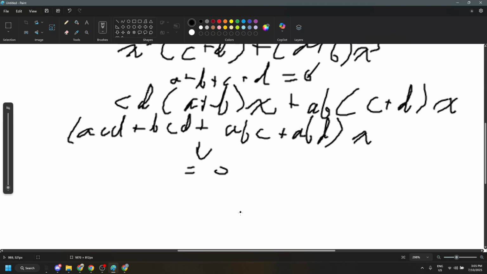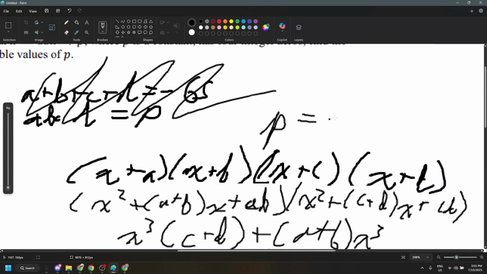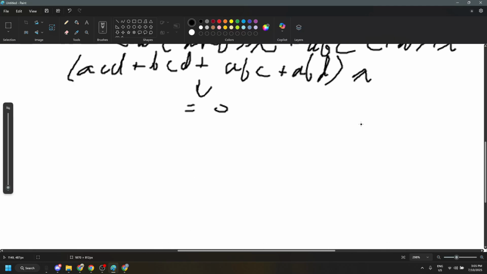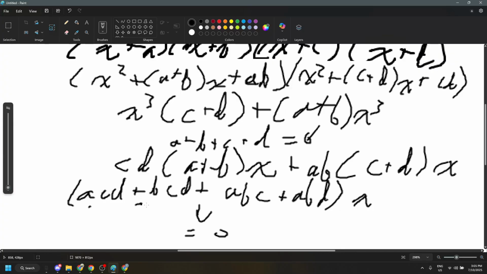I'm trying to think how this can be done. Well, if we're adding all these together, then at least we can know that a, b, c, and d cannot, oh, and p is equal to abcd. They cannot all be positive. Some have to be negative, of course, because you can't add everything.